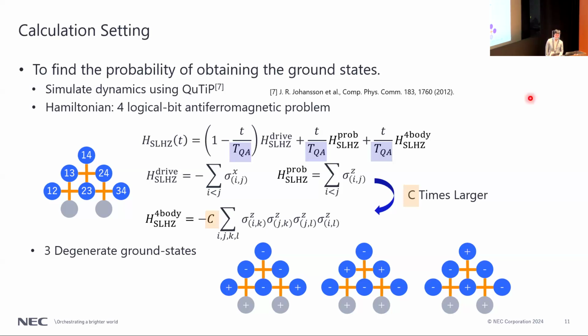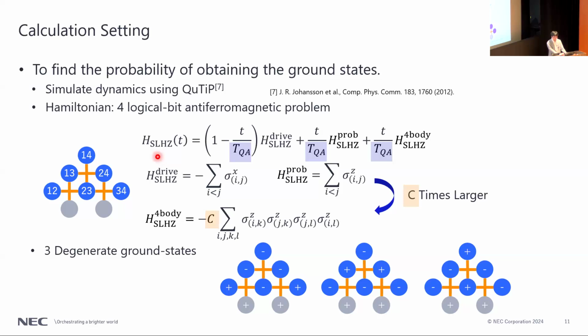We have calculated the probability of obtaining the ground states by changing the four-body interaction and quantum annealing time. This is the Hamiltonian for the quantum annealing SLHD scheme.